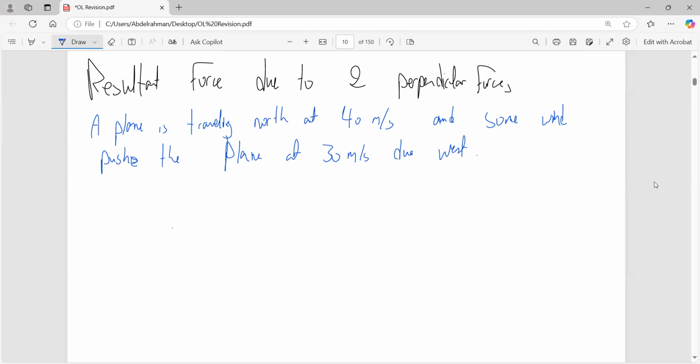Find the resultant velocity or force, whatever, it doesn't really matter. Find the resultant velocity.